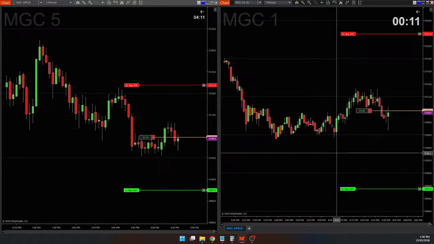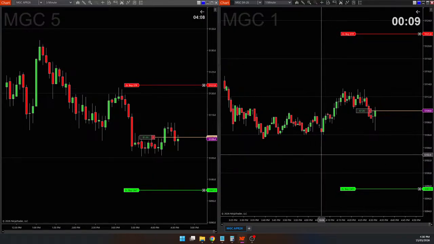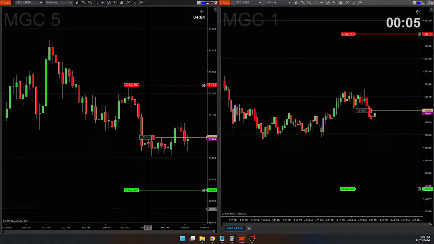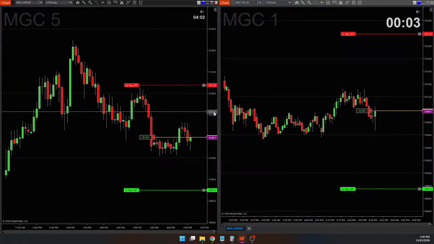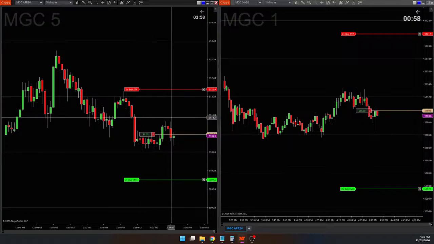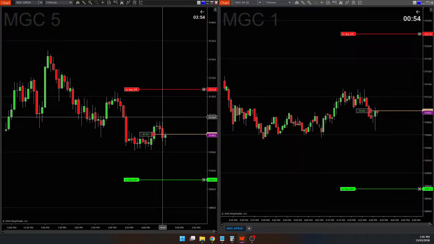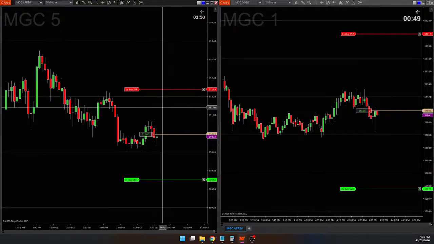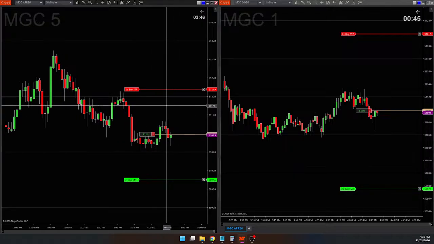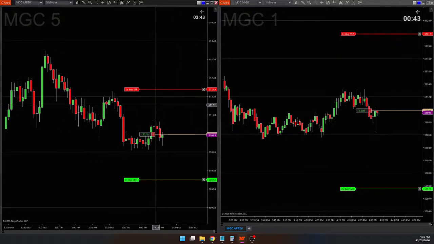The higher time frame is for the actual context, but the main chart is supposed to be the 5 minutes. So yeah, I would probably move it up to here. I'm considering whether to do that now because the stop loss is very expensive right now.